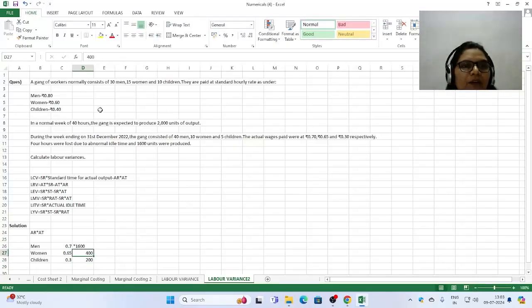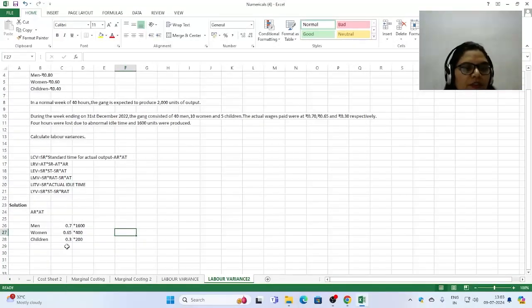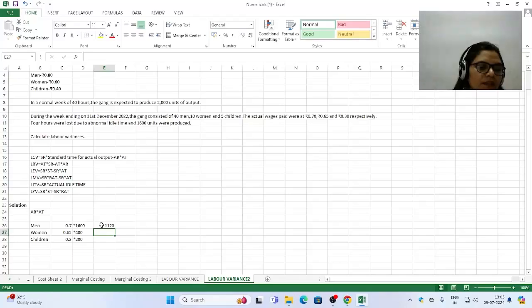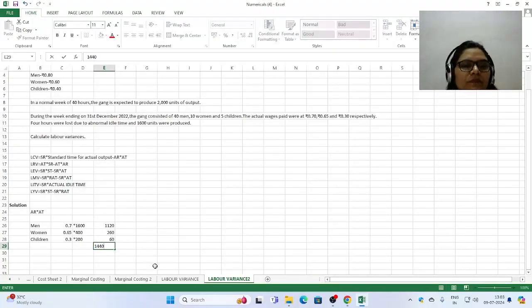So we will multiply all these values we have input. The total is 1120, 260 plus 60. It will give you 1440. So this will be your actual cost.